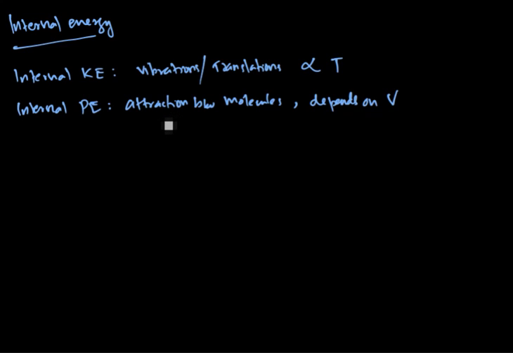These random motions generate a kinetic energy which contributes to the internal kinetic energy of a system. Now you know that in a real gas there will be an intermolecular attraction between the constituent gas molecules, and this intermolecular attraction provides the internal potential energy.